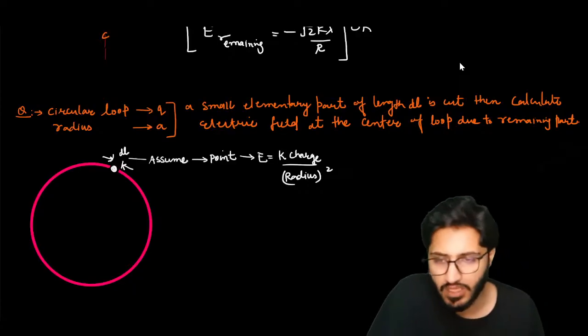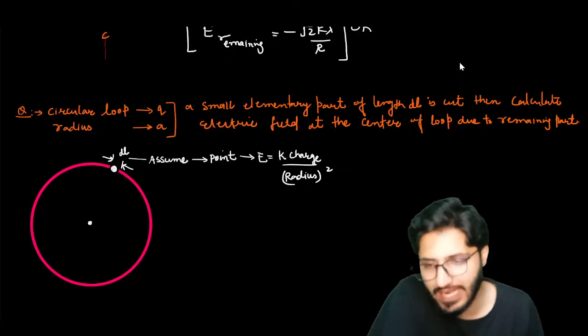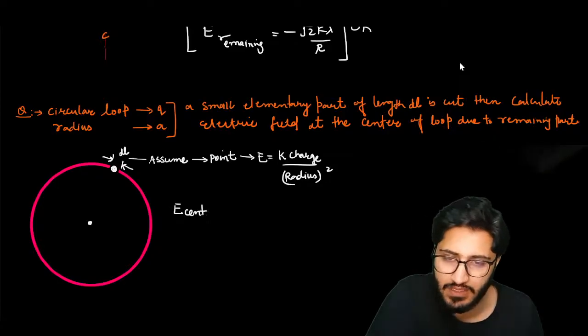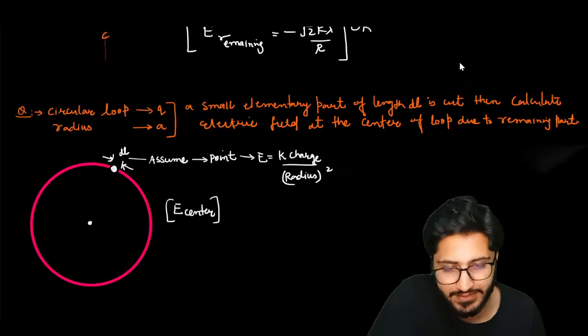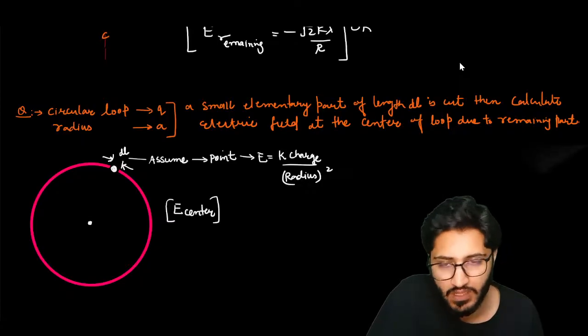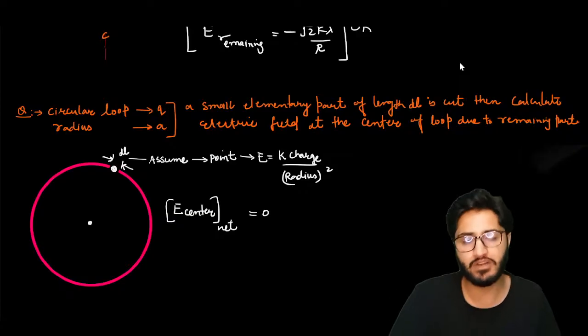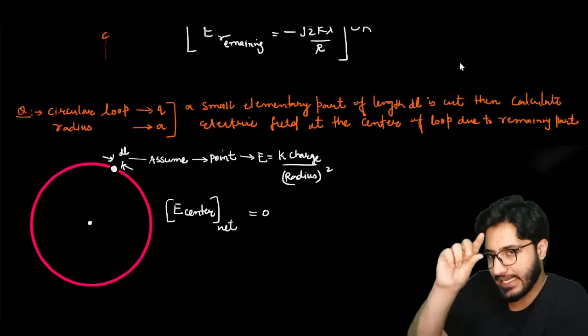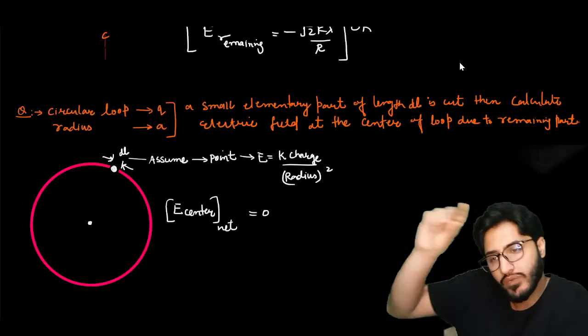Now we know that at the center, due to the whole ring, my electric field will be 0. But we now divide the ring into two parts. One has a small dl length, and the other is without the dl length.